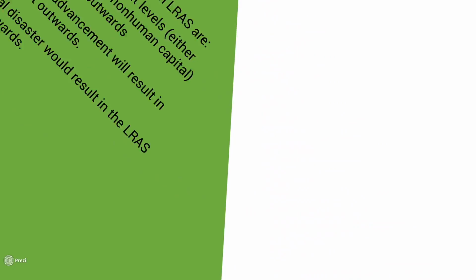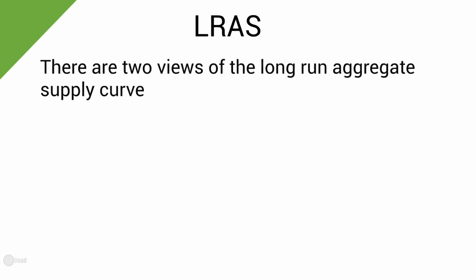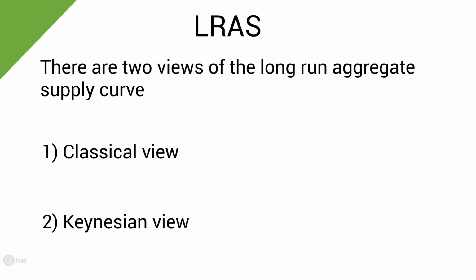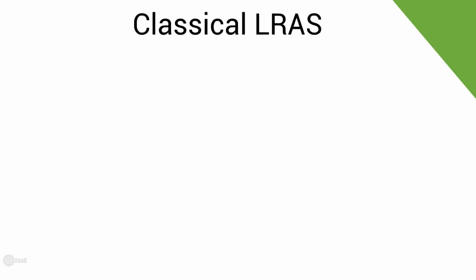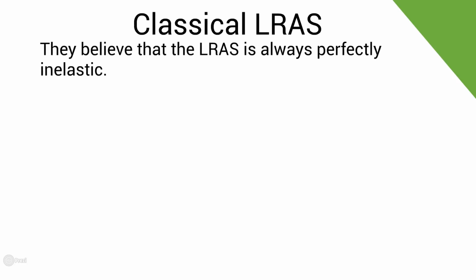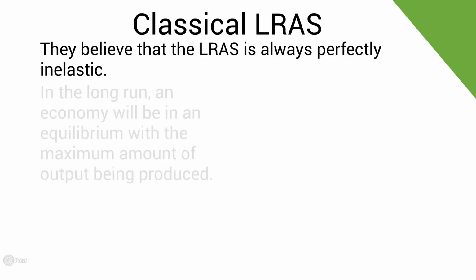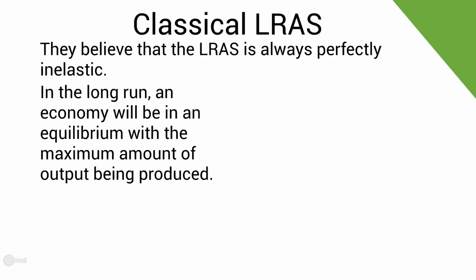There are two views of the long-run aggregate supply curve. One view is the classical view, and the other one is the Keynesian view. Let's first look at the classical view of the LRAS curve. The classical view believes that the LRAS curve is always perfectly inelastic. In the long run, an economy will be in an equilibrium with the maximum amount of output being produced.